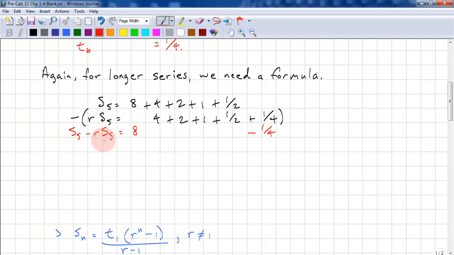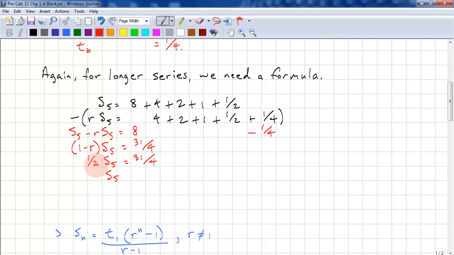Now what we can do is factor out an S5, and we're left with 1 minus r. 8 minus 1/4, so 8 times 4 is 32 minus 1, that's 31. Now we can substitute r, which is 1/2. So we have 1/2 S5 equals 31/4.